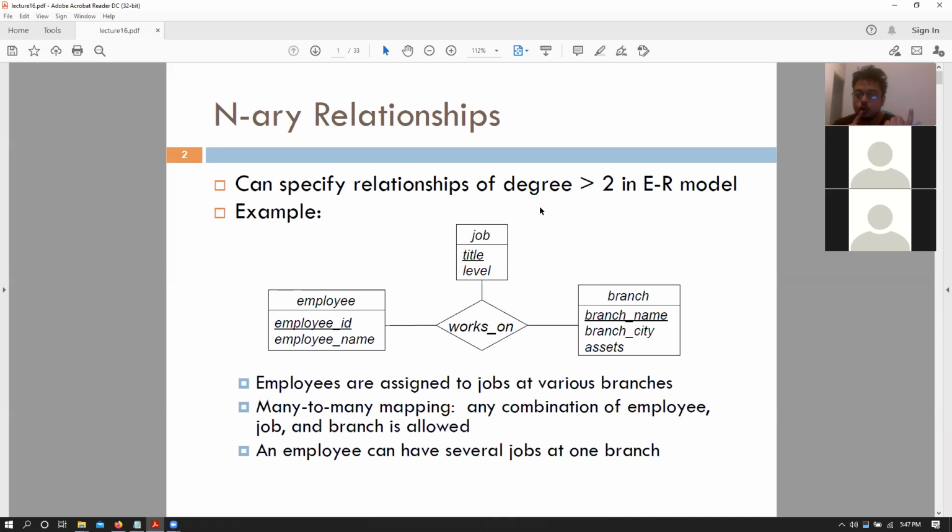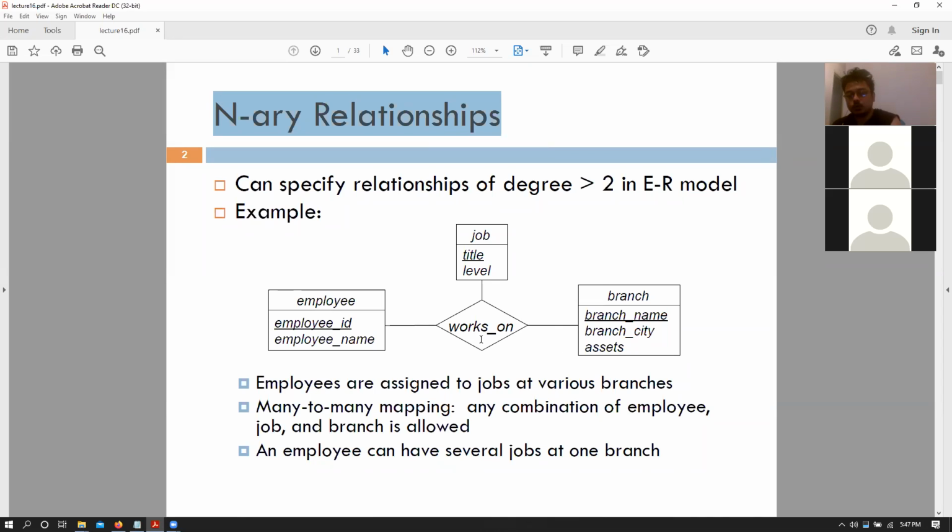If we have two or more entity sets being related, we call those n-ary relationships, right? So if we have three entity sets being related to the same particular relation, we would say that this is a ternary relationship, right?